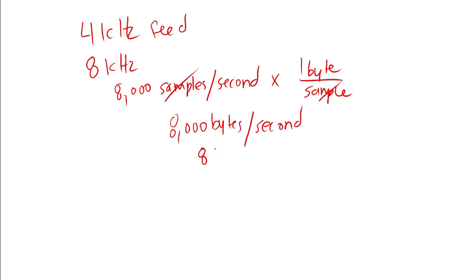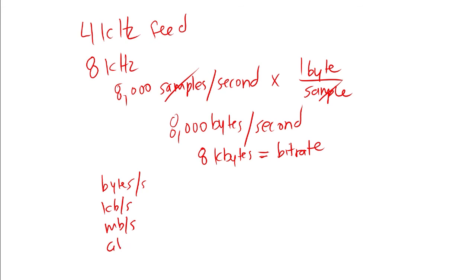That's 8 kilobytes per second. So that's our bit rate. Our bit rate is how much data is coming through. We can have bit rates in bytes per second, or kilobytes per second, or megabytes per second, or gigabytes per second, or terabytes per second.